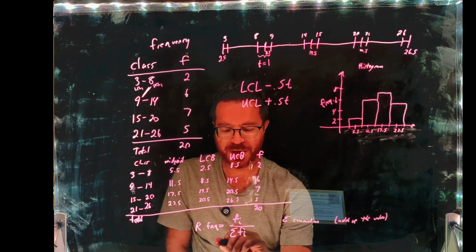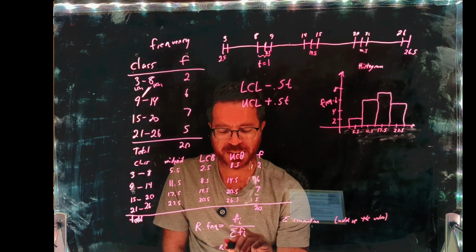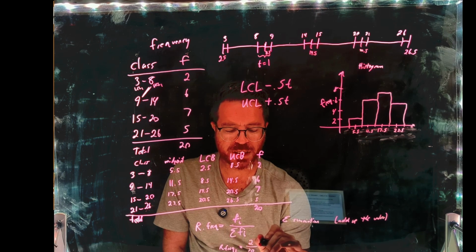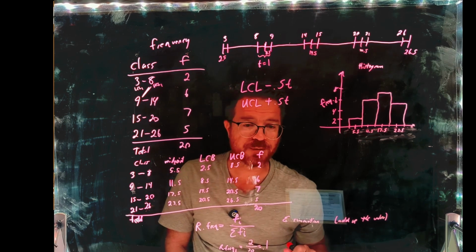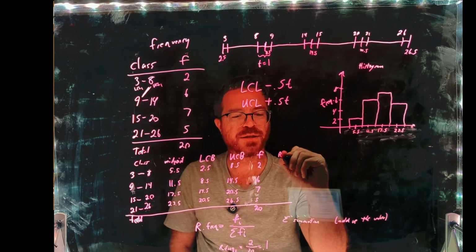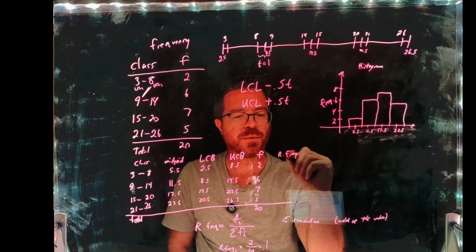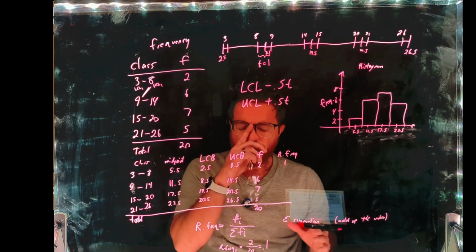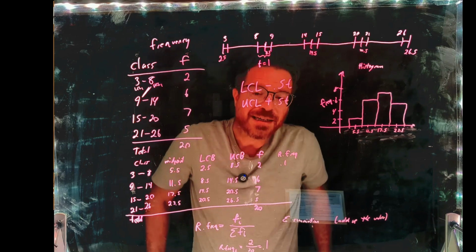So relative frequency 1 would be 2 divided by 20, or 0.1. So for our relative frequency, we could have it as 0.1. Now, a lot of times you are going to see this in a different way.